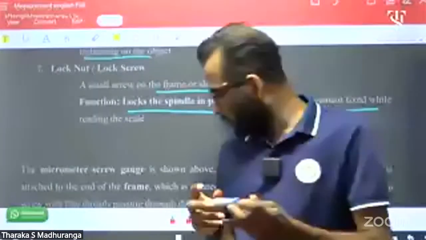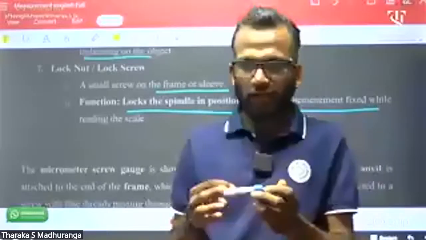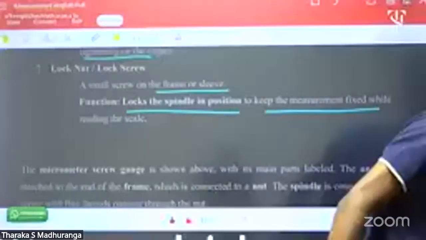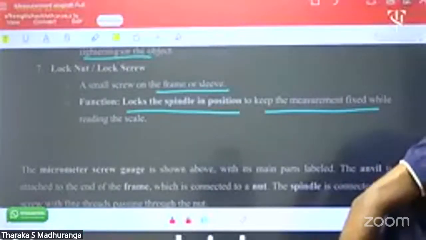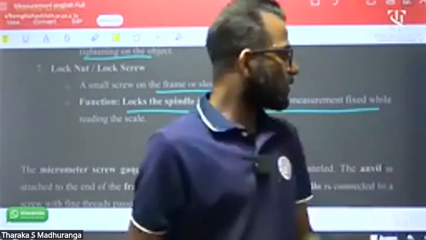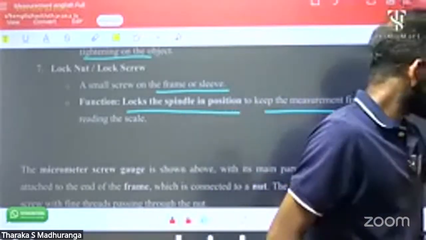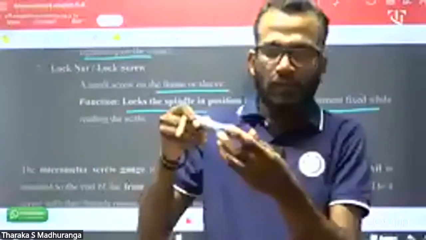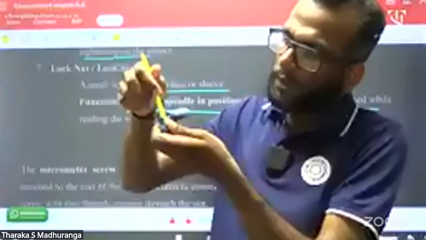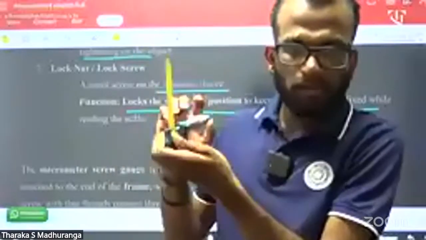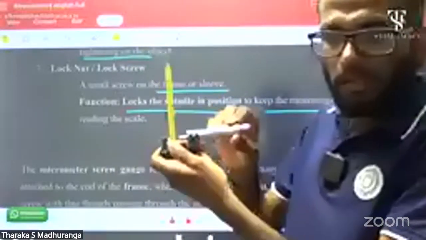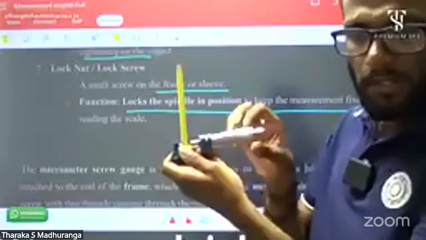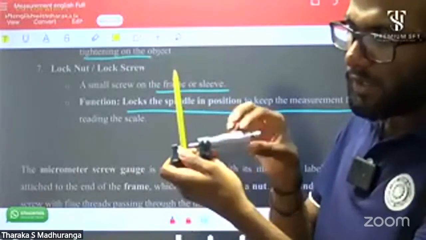Okay, I want to see. Wait. Okay. I want to get the thickness of this pencil. I can place the object between the anvil and spindle and tighten by the thimble.